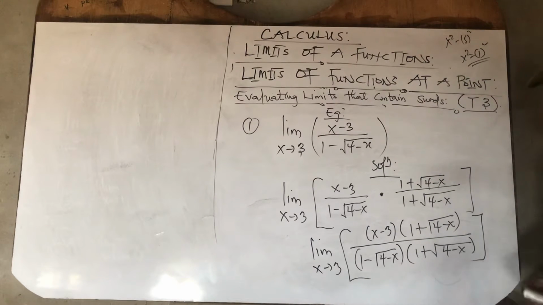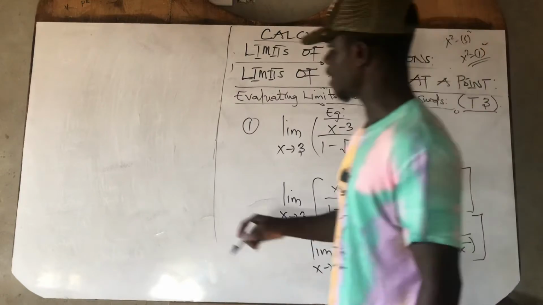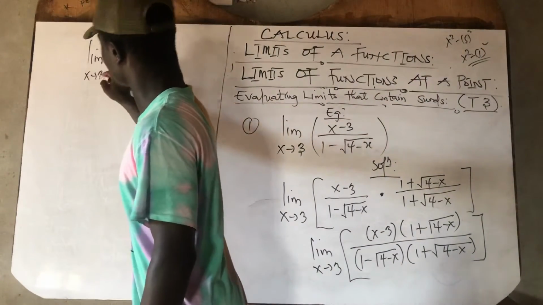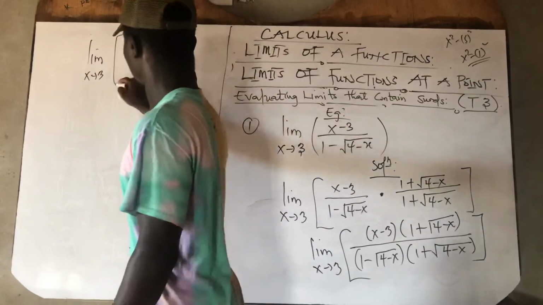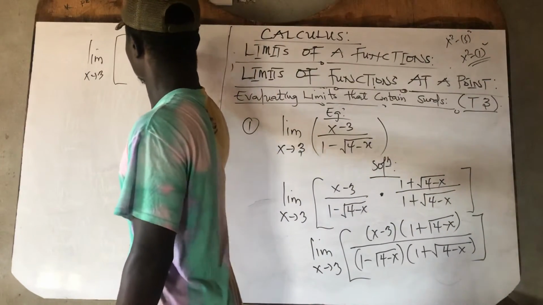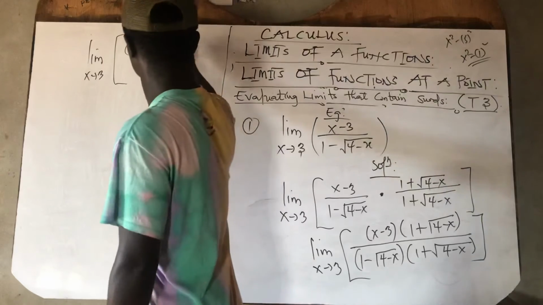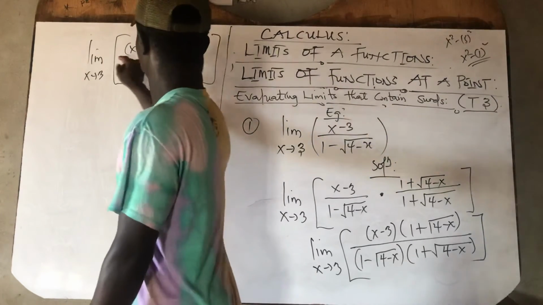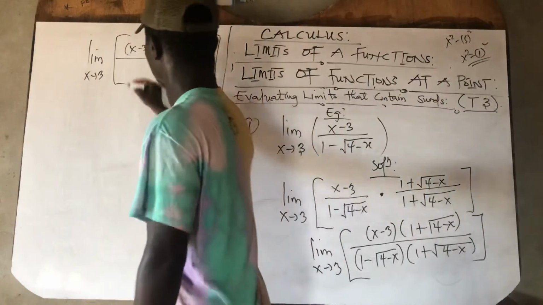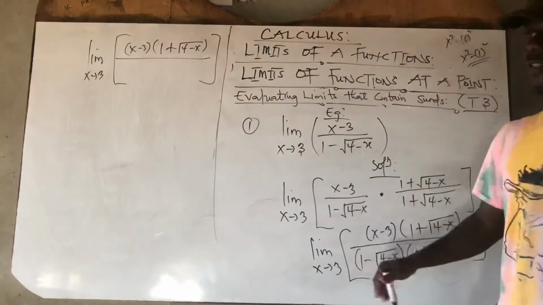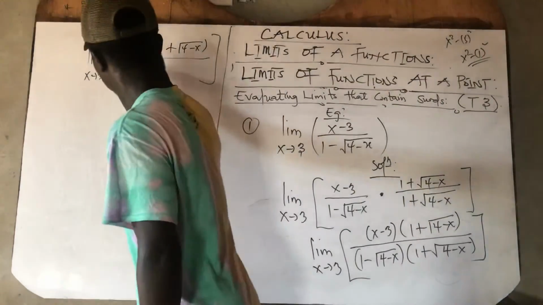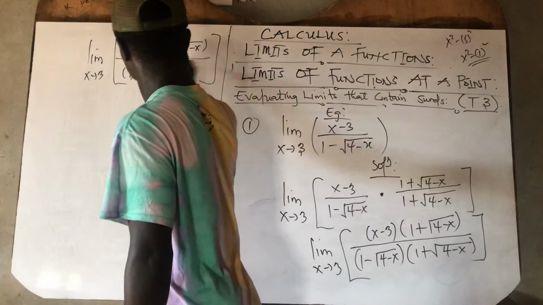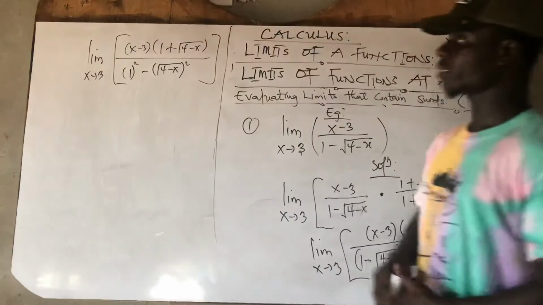True. So I can see that the limit as x approaches 3 of this x minus 3, then this 1 plus square root of 4 minus x, all over this. I'll take the negative aspect, which is what? 1 squared minus square root of 4 minus x squared.